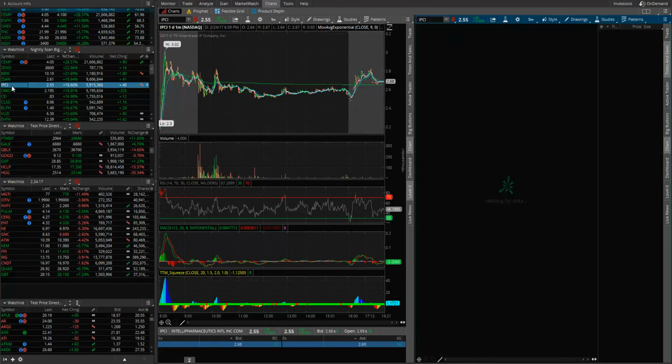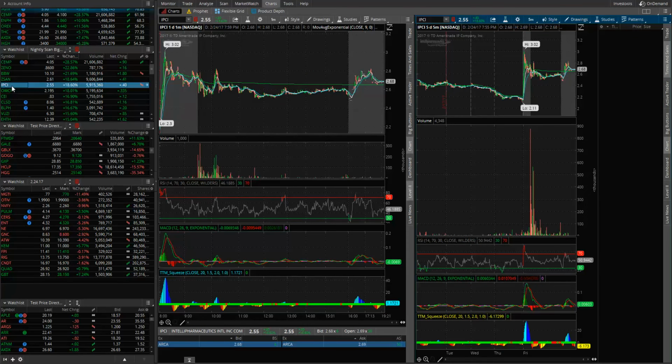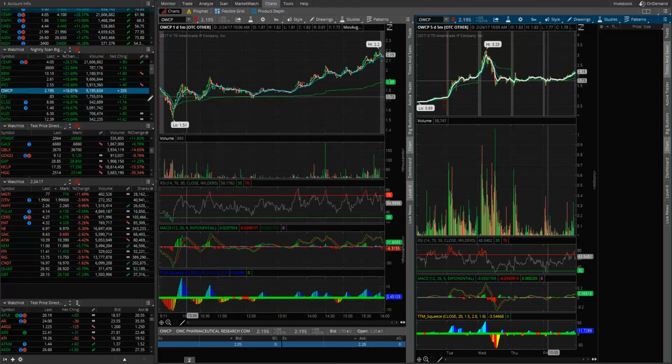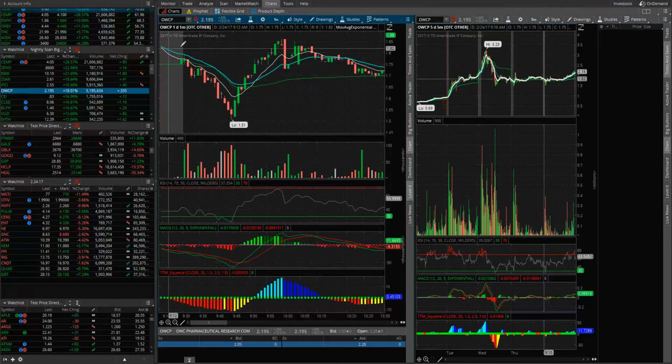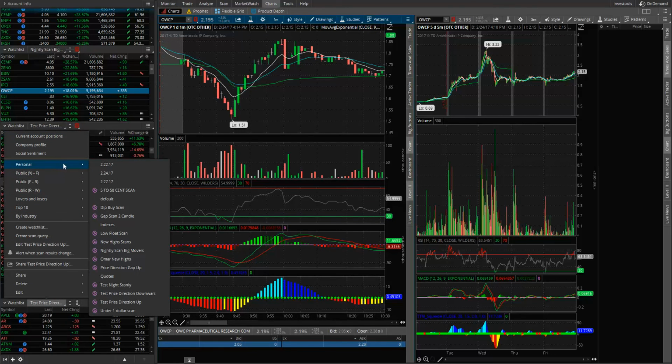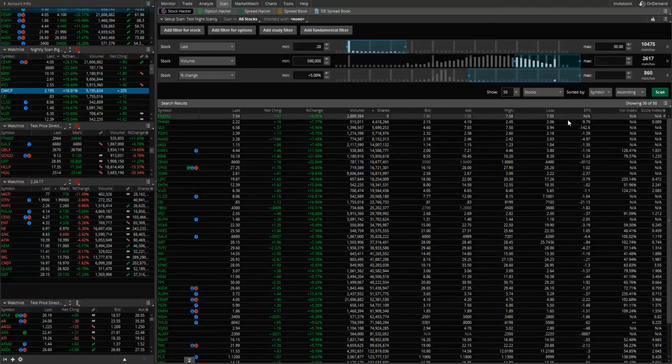And let me see a couple of other stocks. Yeah, this is a stock that kind of gapped off. Now let's talk about this. This is another strategy that a lot of people do. Remember, I just showed you guys how to do that price direction downwards scan.